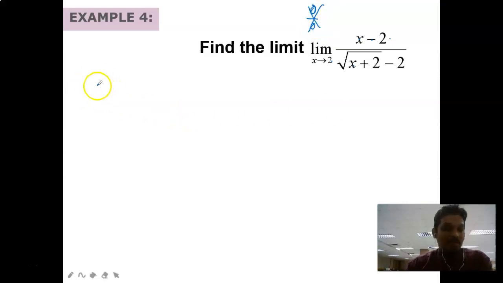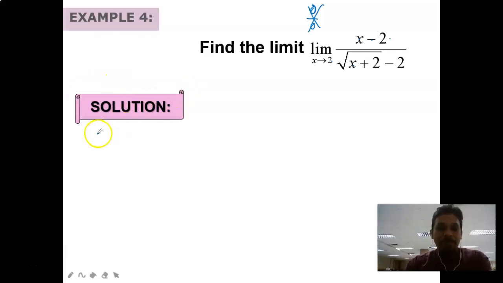So the best thing we can do here now is the limit as x approaches 2 of x minus 2 divided by square root of x plus 2, minus 2. Okay, look at this one slowly one by one.